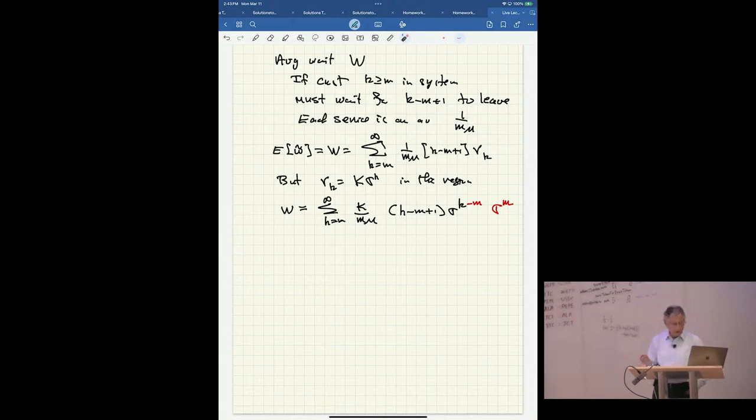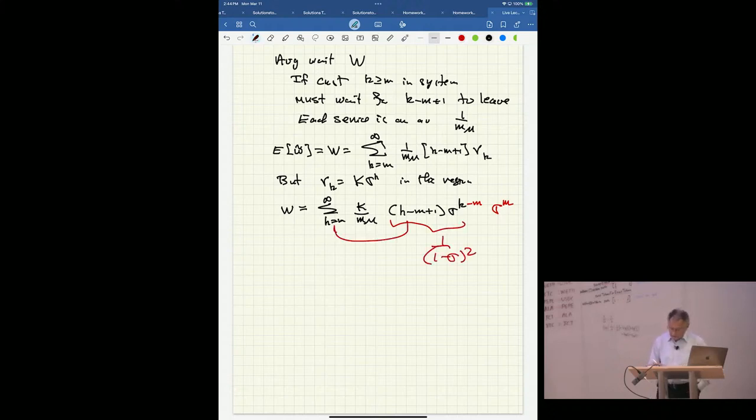Sum it. You've done that many times before, okay? And you happen to know from this class, if not from before, that's 1 over 1 minus sigma. So this sum with that is 1 over 1 minus sigma squared.